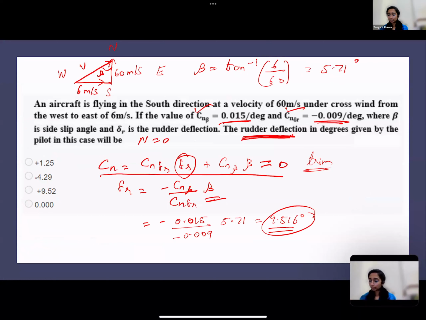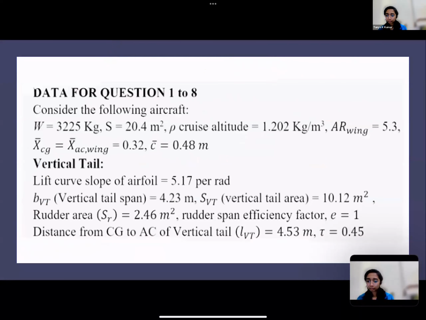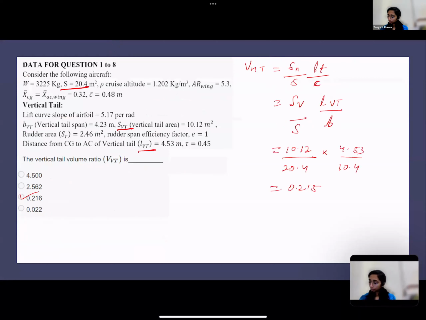Let's look at this question. It's a similar question. Right? We use that equation, Cn.